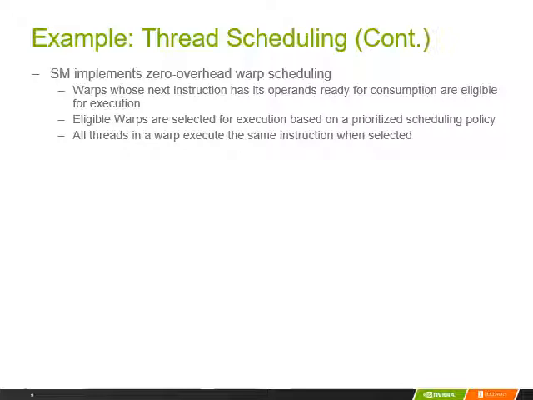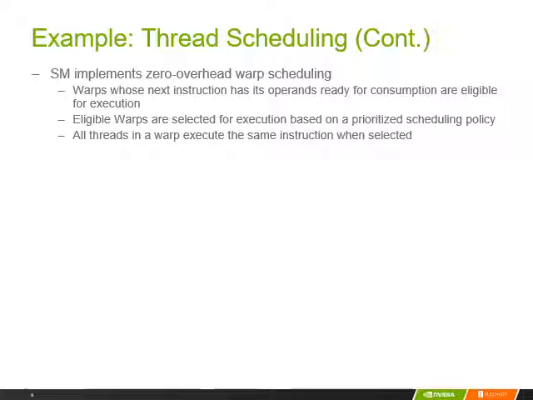At every clock cycle, the hardware keeps track of the status of operands for each instruction that will be executed next. Remember that every warp will be executing only one instruction among all the threads in the warp. So we're keeping track of the next instruction for all the threads in each warp.